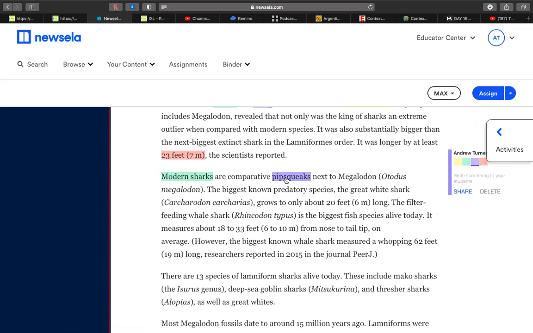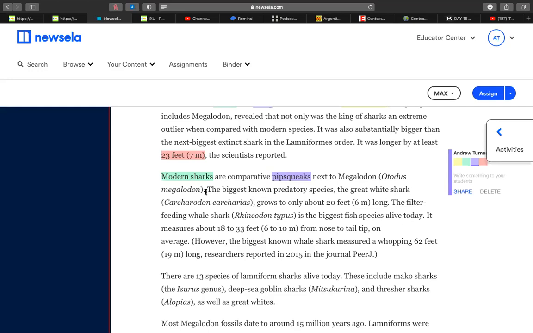So if we're talking about this article because it's written at a higher level, or we're talking about the GED, test creators are going to actually write things like that, pipsqueaks. Next to the Megalodon, and then this is Otodus megalodon, if you want to continue.